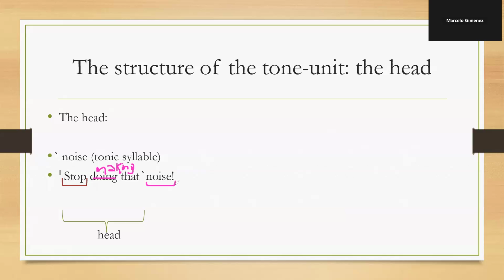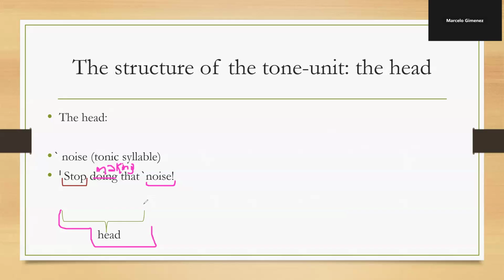So the head includes all the syllables, as you can see. That's what I try to highlight over here. All the syllables that happen before the tonic syllable or before the nucleus. Now, the head always starts with a prominent syllable or with a stressed syllable.